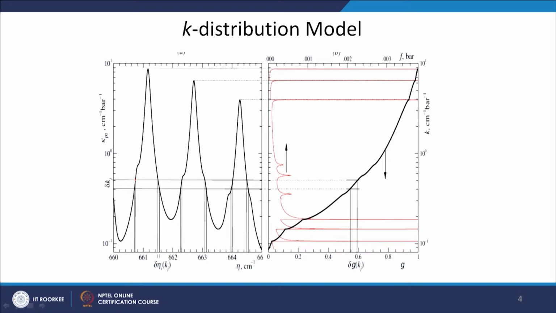As I said, for each value of kappa lambda there is a unique solution. So, let us point out these points where the value of absorption coefficient is the same. All the points that I have highlighted have the same magnitude of absorption coefficient and they return the same result for intensity.